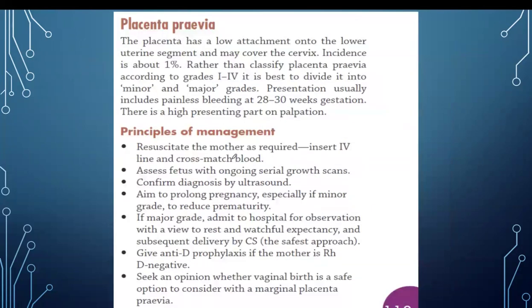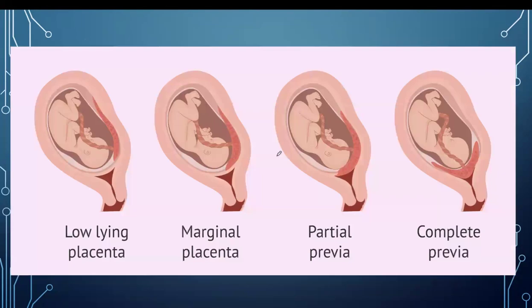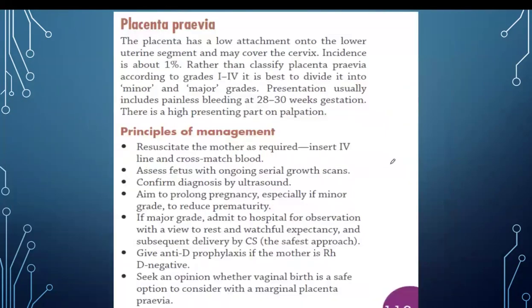Now, placenta previa. Placenta previa is very important. So all of you should know what the usual location of the placenta is. If this is the uterus, the placenta should be on the top part, or the fundus, of the uterus, right?